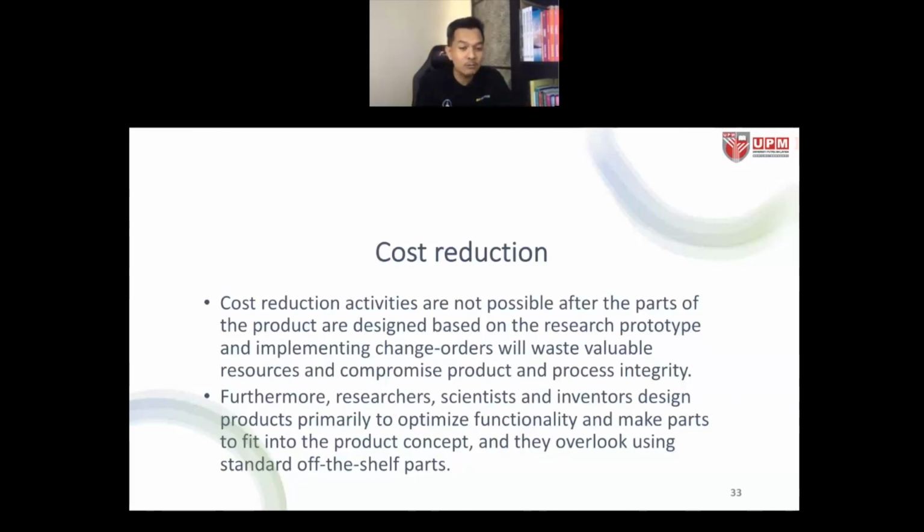Or can you reduce it to 50 cents by buying off the shelf parts instead of producing it on your own?